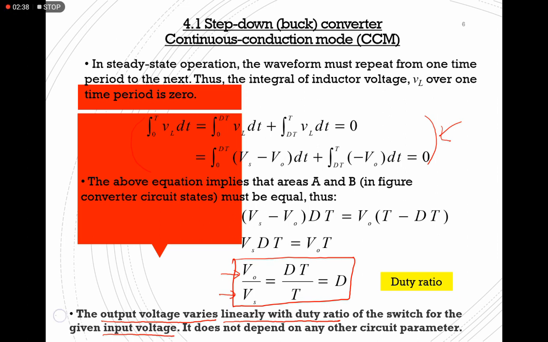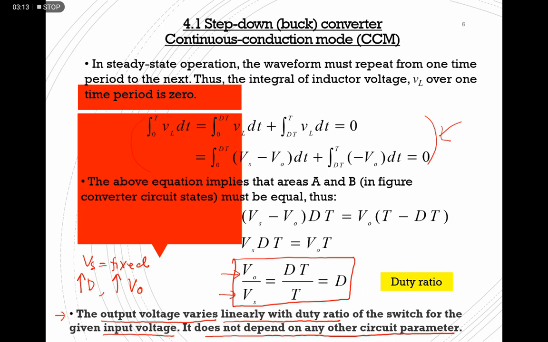This means that if your Vs is fixed, when your duty ratio is increased, your output voltage will also increase. The duty ratio generation does not depend on any other value or parameter in the circuit.